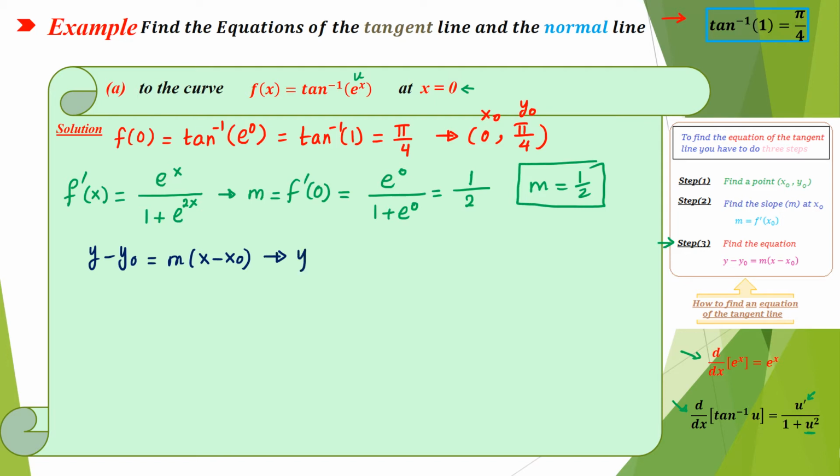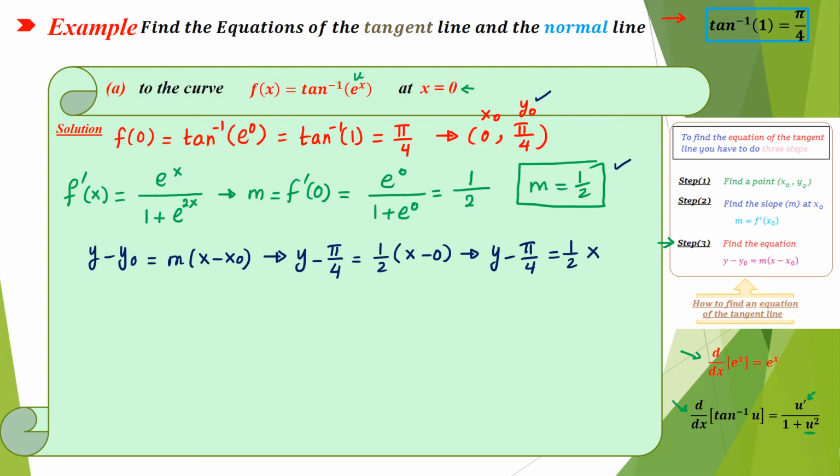So y minus y0, which is pi over 4, equals m, 1 over 2, multiplied by x minus x0, which is x minus 0, and the answer will be y minus pi over 4 equals 1 over 2 multiplied by x.